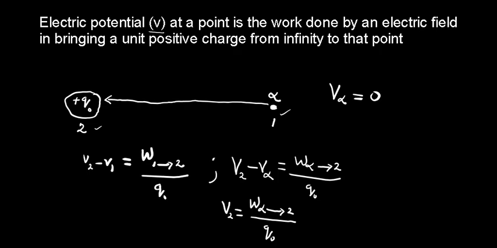So this becomes the electric potential. Remember, we said that electric potential at a point is the work done by an electric field in bringing a unit positive charge from infinity to that point. So the work done from infinity to the point 2 is what? The electric potential. Okay.